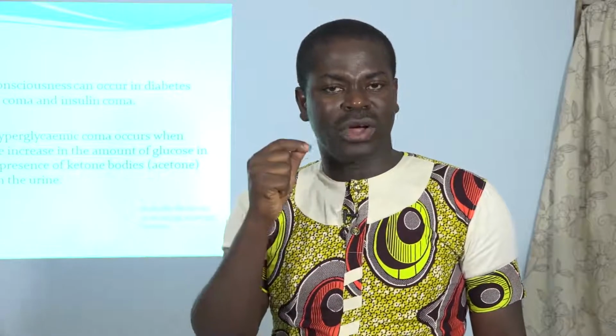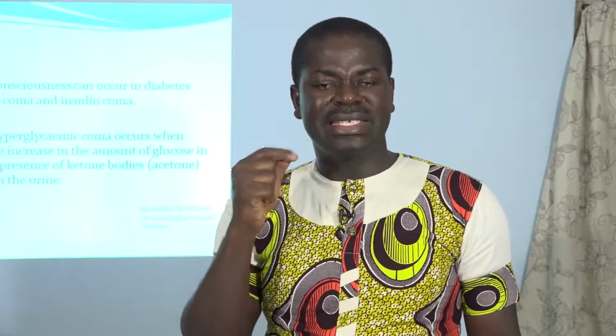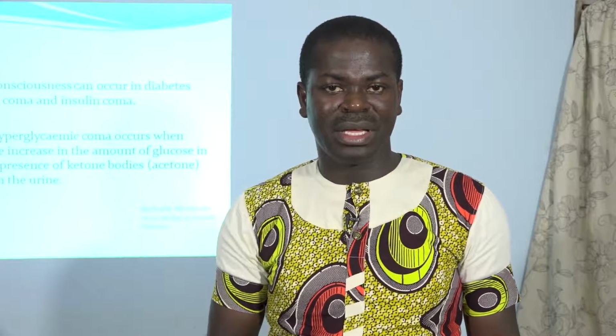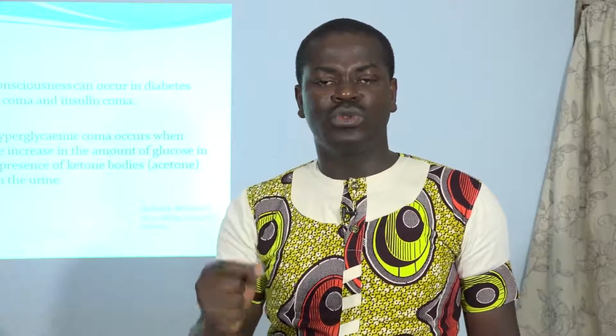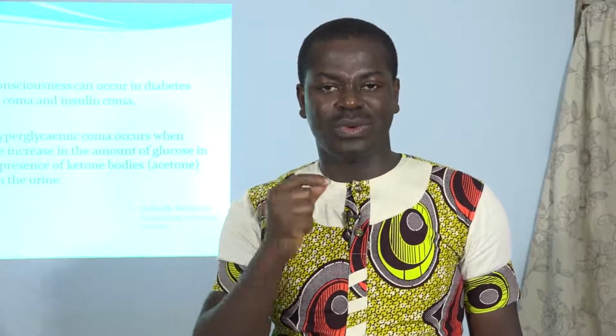But due to low level of insulin in the blood, or insulin insensitivity, depending on the kind of diabetes the individual is suffering from, insulin is unable to take glucose from the blood to the cells that need the glucose.